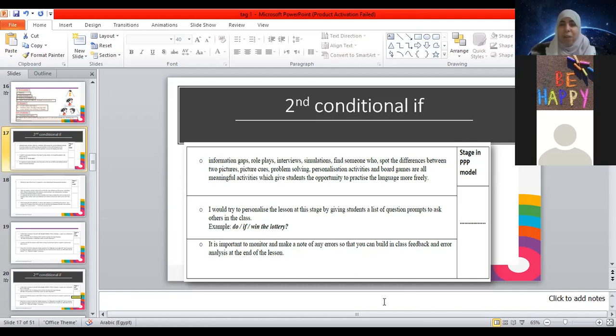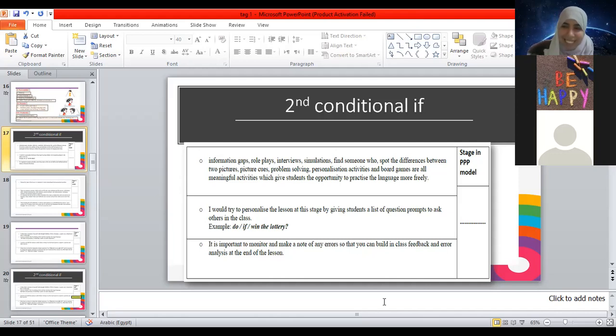So here we have examples of activities that you can use during this stage: information gaps, role play, interviews, simulations, find someone who, spot the differences, picture cues, problem solving, personalization, board games, okay? To practice the language more freely. I try to personalize the lesson. What is step number 3?